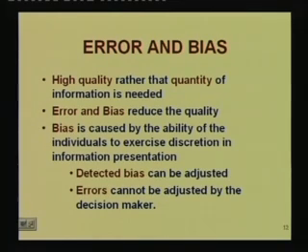If you have the processed information, you cannot adjust the errors that have been part of it. So, that is the difference between error and bias. Bias is a kind of error definitely, but individuals have exercised their discretion in information presentation, and these can be adjusted only when you can detect them.